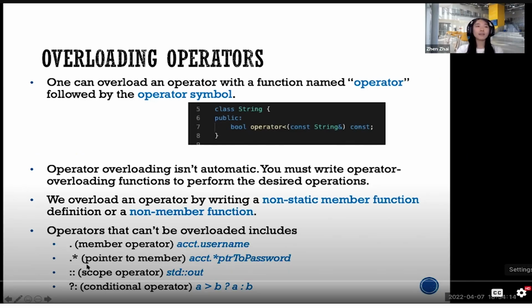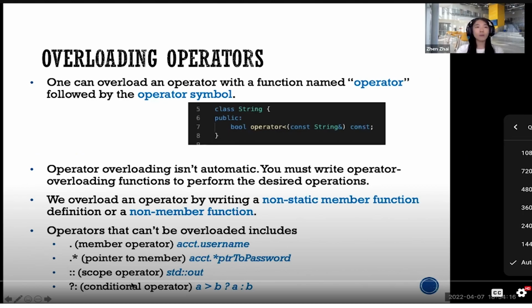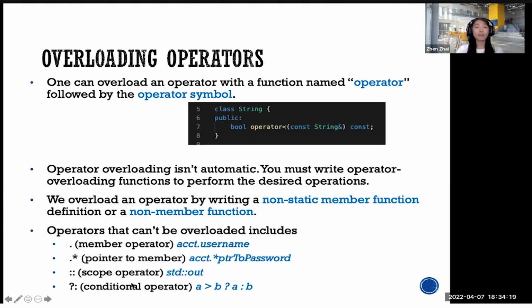And finally, the conditional operator, which we have not been seeing quite often. This is a one-line if condition. The operator is a question mark with the colon, and the way that you use it is: condition, question mark, if condition is true, colon, if condition is false.